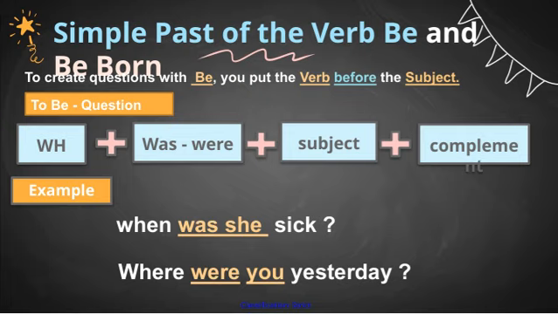This is a fundamental rule that helps us communicate clearly in past tense questions. Finally, this slide reminds us that forming questions with to be is straightforward once you remember to put the verb before the subject. This structure is consistent whether you're asking about where someone was or when they experienced something. It's a key part of mastering past tense questions in English.